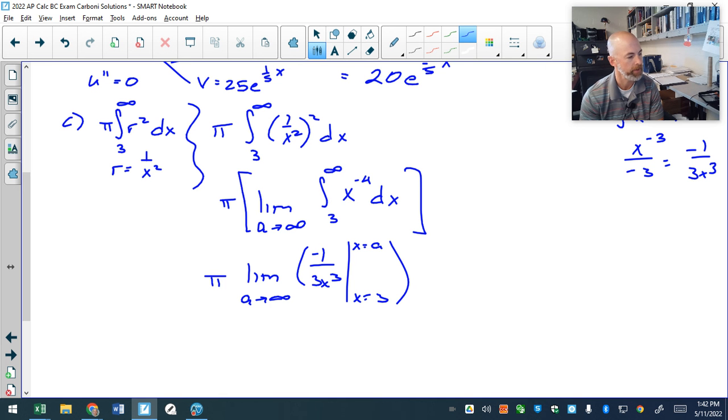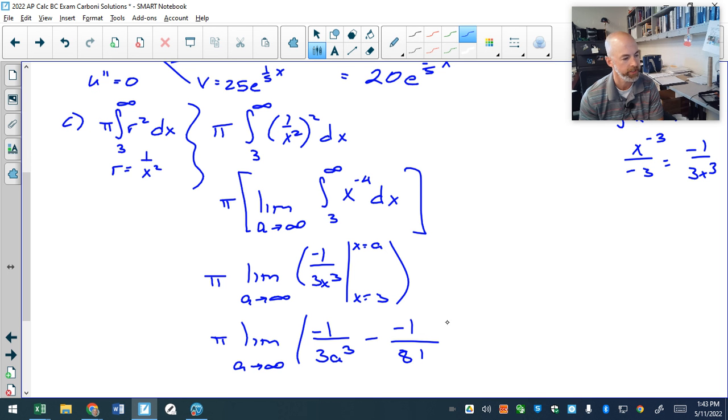And don't forget there's a pi out here that's just coming along for the ride. Limit as a goes to infinity of, I'm going to plug in a first, negative 1 over 3a cubed minus negative 1 over 3 times 3 cubed, which is 81. Again, that's risky, but I feel pretty good about that.